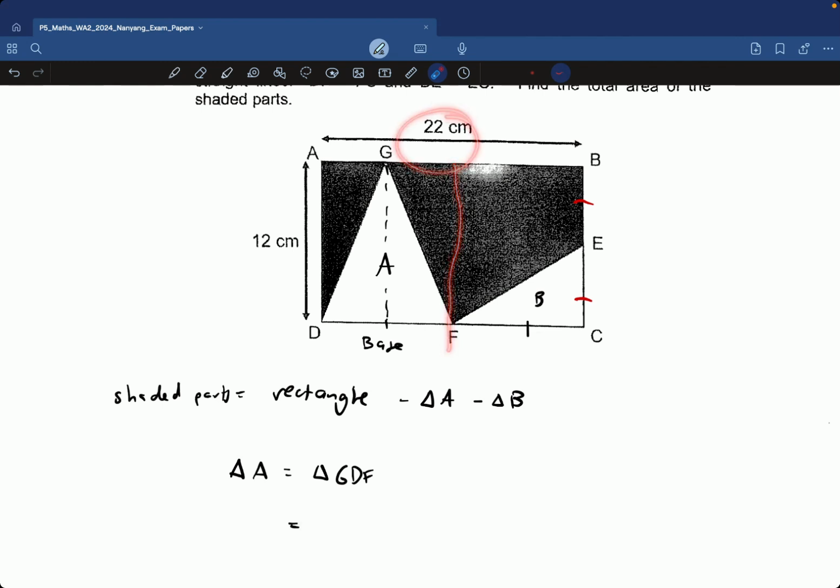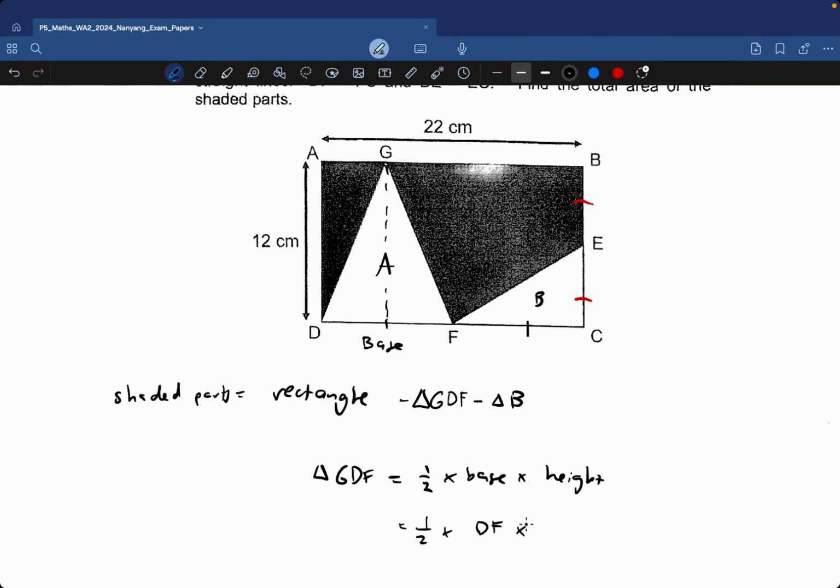Half of 22 centimeters. So the area of GDF is equal to half times base times height. The base is DF, and the height is just the height itself.